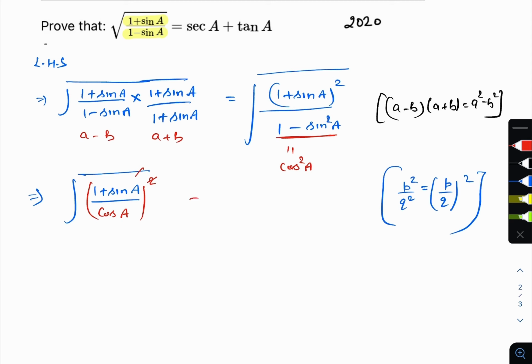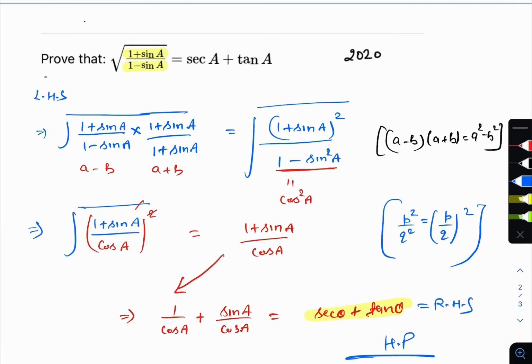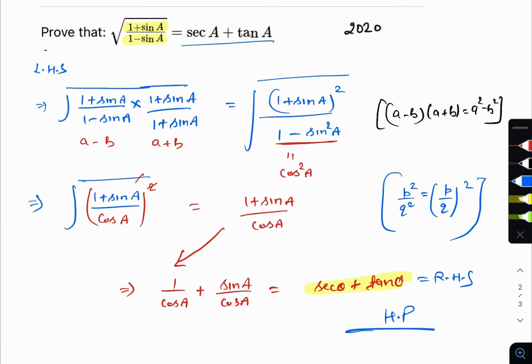Square and square root will cancel out. What will be left? 1 plus sin A upon cos A. Now separate the terms: 1 upon cos A plus sin A upon cos A. This will give us secant A plus tan A. This is the answer, equal to the RHS. Hence proved.